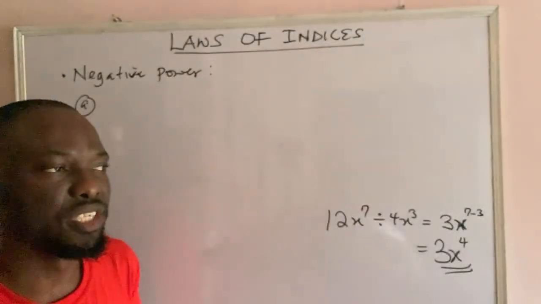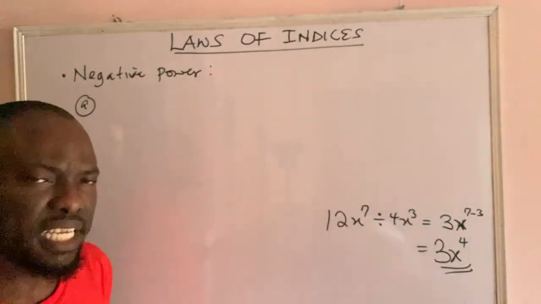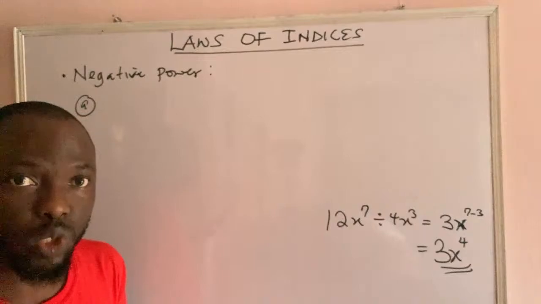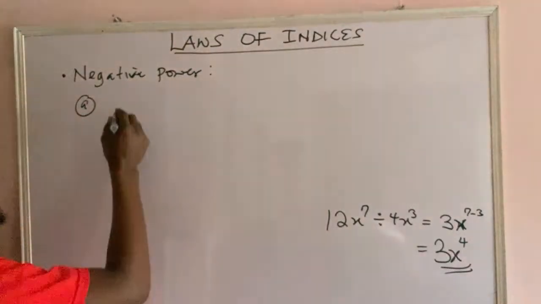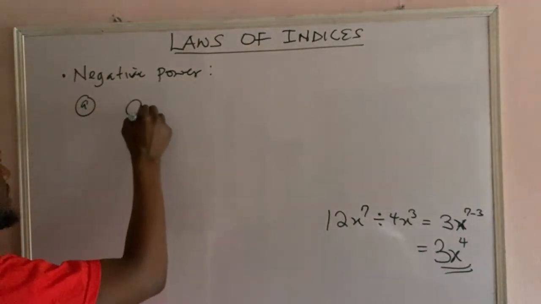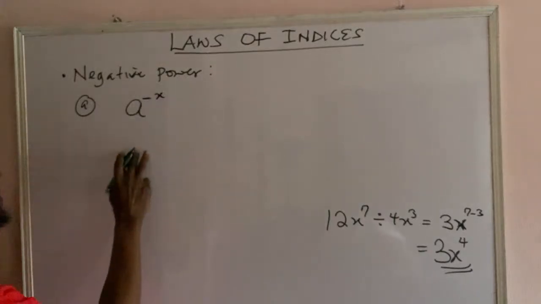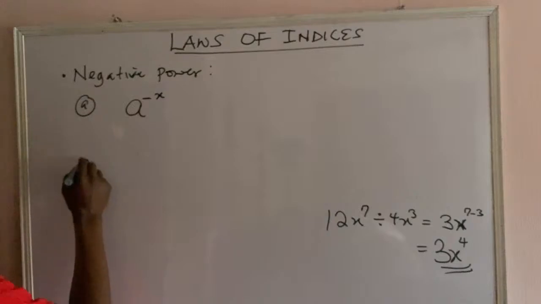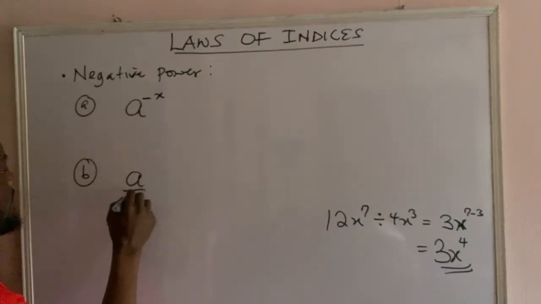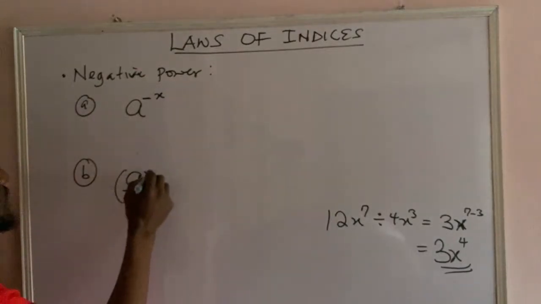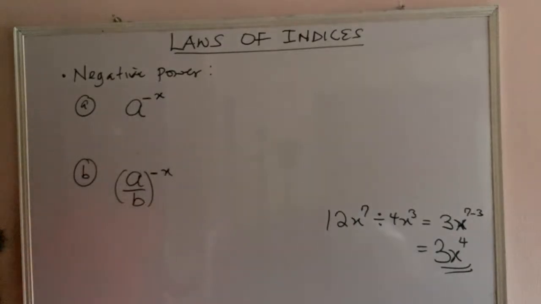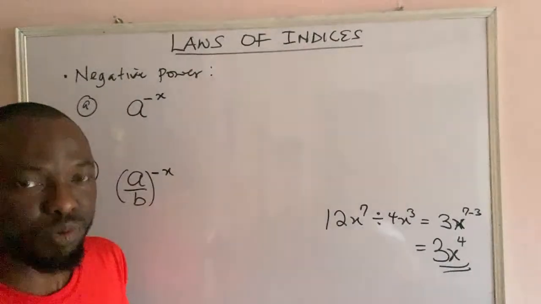The first condition is that if I have a negative power with a whole number base, for instance, if I have a raised to the power of minus x, and then I have another condition, a over b raised to the power of minus x. Now you can see that these are two different situations.